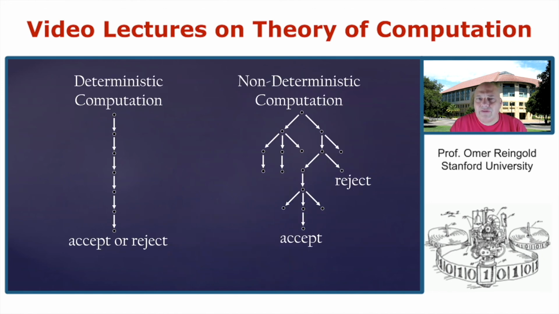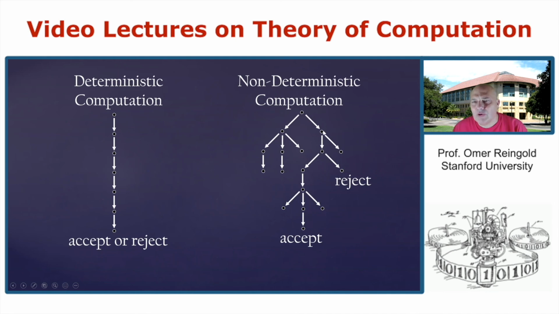So we have here two kinds of computations: a deterministic computation that has a single path it can take from the start state to either an accept state or a reject state. These are the deterministic computations. And we have non-deterministic computations that can be viewed as a tree.